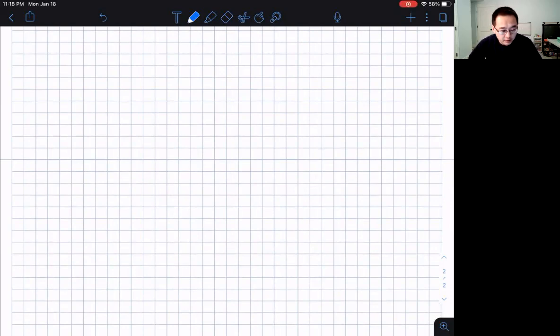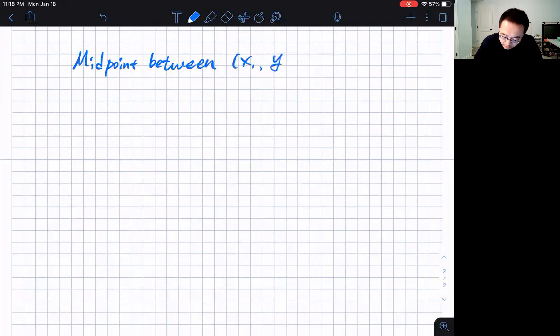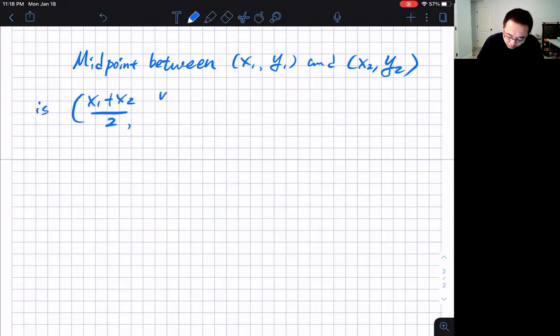The midpoint between two points on your Cartesian plane, (x1, y1) and (x2, y2), has the following coordinates: x1 plus x2 divided by 2, then y1 plus y2 divided by 2.